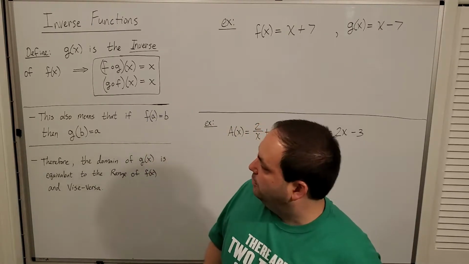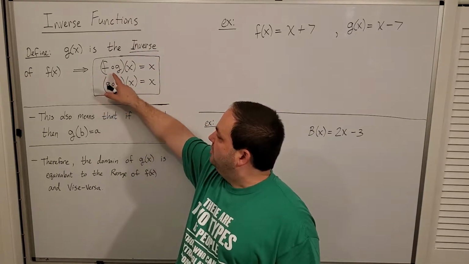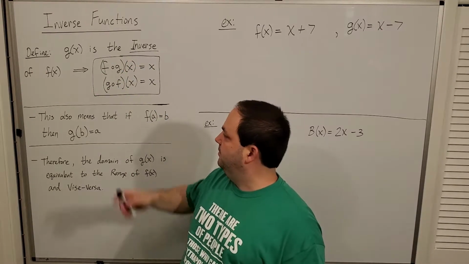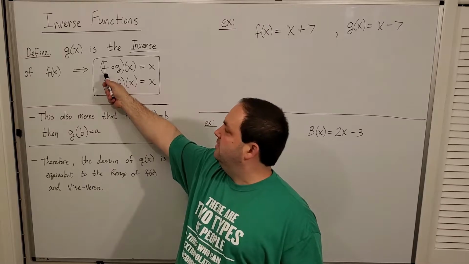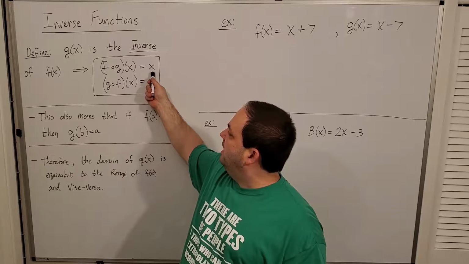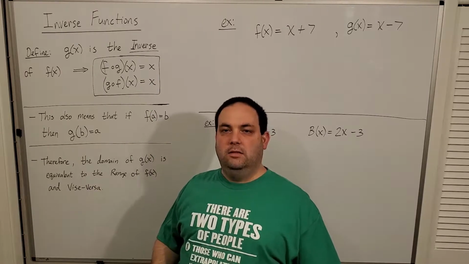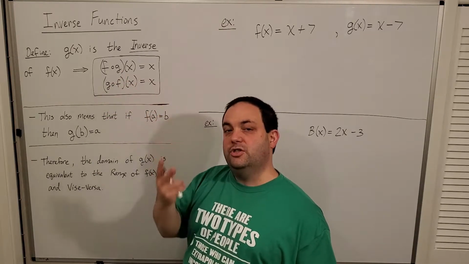So we have the algebraic definition of an inverse function, okay? It uses composition, one of the things that we just talked about in the last lecture, right? If you can compose two functions, f of g for example, and all that's left behind is just x, and that goes for both compositions, by the way. You remember how composition doesn't commute?